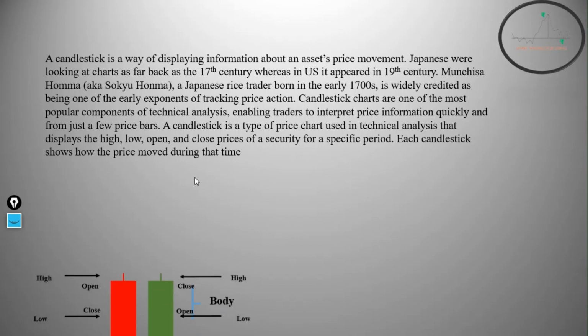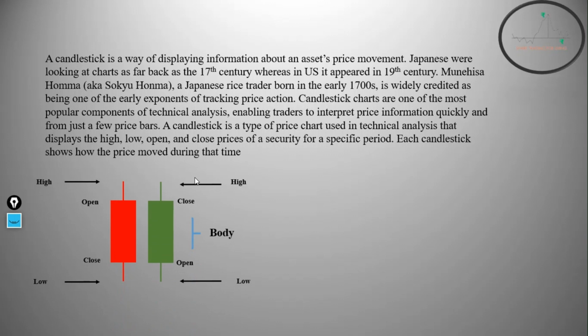So in a candle chart, what does a candle represent? If you look at the image, there are two candles. One is green, another is red. The green candle represents a bullish pattern, whereas the red candle represents a bearish pattern.